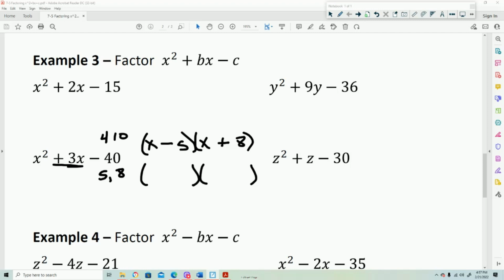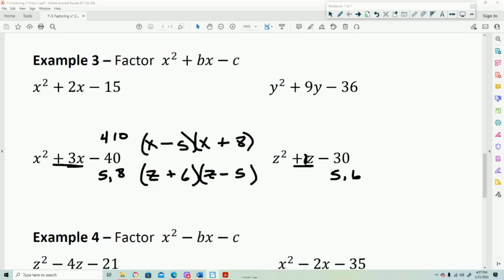Okay, let's look at this. We've got z here and z here. 30. The difference between the two numbers that multiply to be 30 must be 1. So I'm pretty sure it's going to be 5 and 6. The difference between those two is 1. 6 here, 5 here. The biggest number needs to be positive because that middle term is positive, so it's plus and minus.